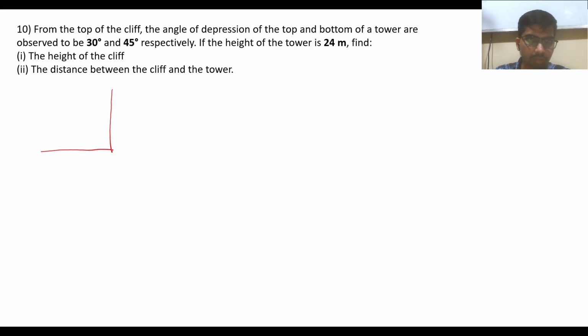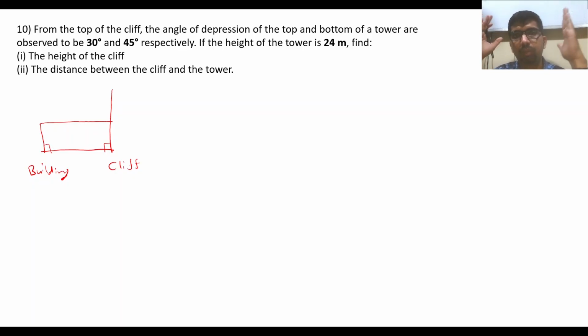This is the cliff, and this is the building. First, make this parallel line. This line is parallel to base. Okay, and this is also 90 degree. Both the building and the cliff are always perpendicular to ground.